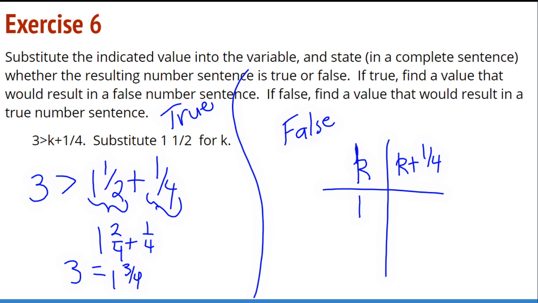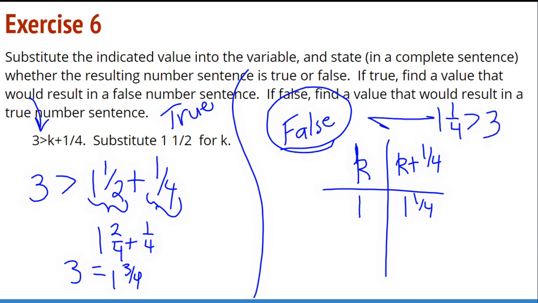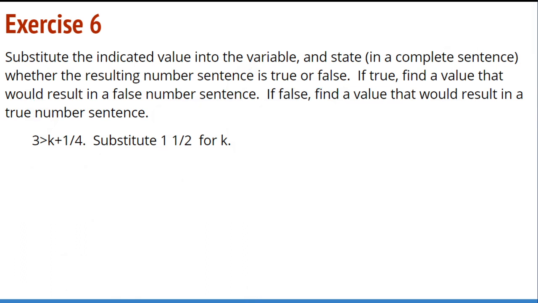Well, 1 plus 1/4 is 1 1/4, and 1 1/4 is not greater than 3, so I have created a false number sentence. 1 1/4 greater than 3 is false. Now hopefully you're starting to see some patterns emerging for these true and false statements, but not a huge emphasis at this point, but things to be watching for.